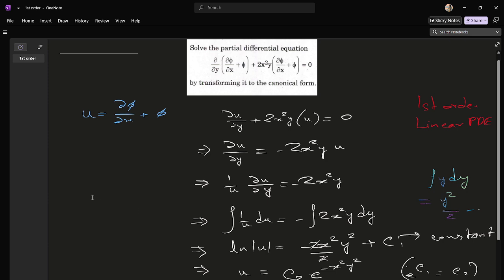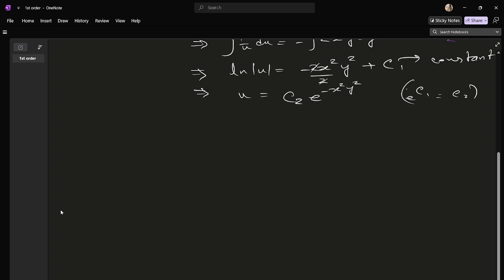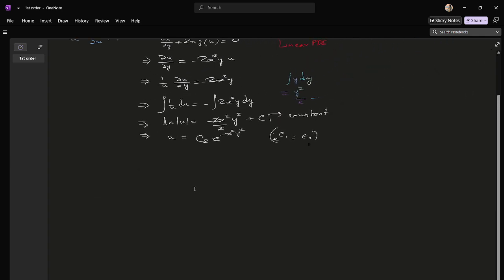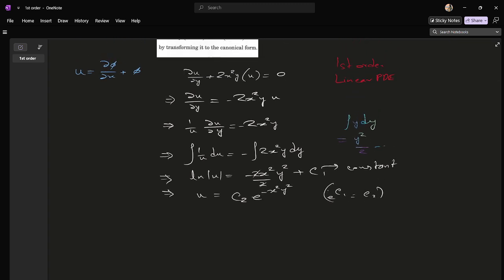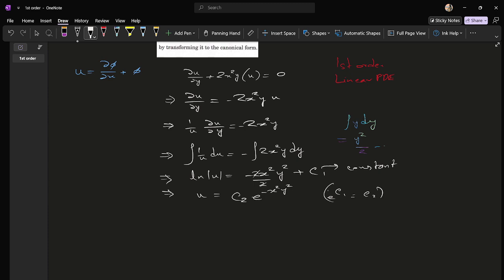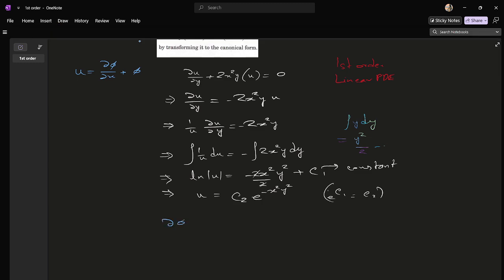Now we have to back substitute for u. Then we get ∂φ/∂x + φ = c2 e^(−x²y²). This is also a linear first order ordinary differential equation for φ in terms of x.